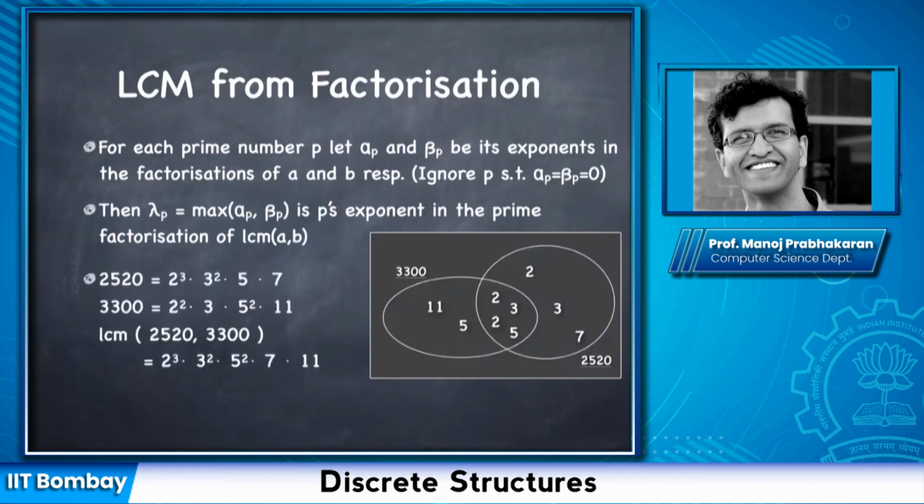So going back to our earlier example, the LCM has for the prime number 2 the exponent 3, the maximum of the two. Here the maximum is 2, here the maximum is 2, and here it's the maximum of 1 and 0, which is 1.